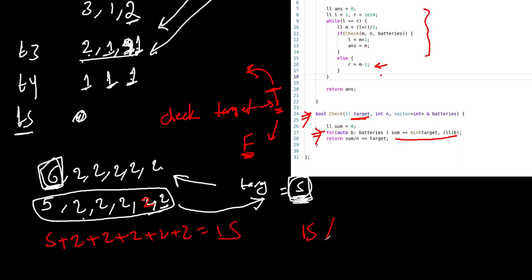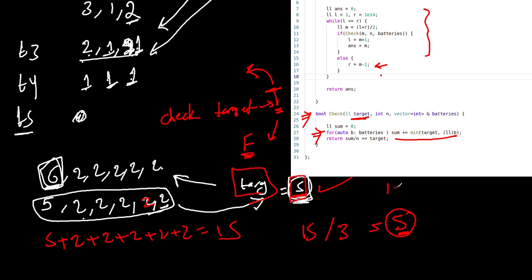Now 15 divided by the number of computers equals 5, and because this value 5 is greater than or equal to the target, that means this target can be achieved, and in this case we search for a value greater than 5.